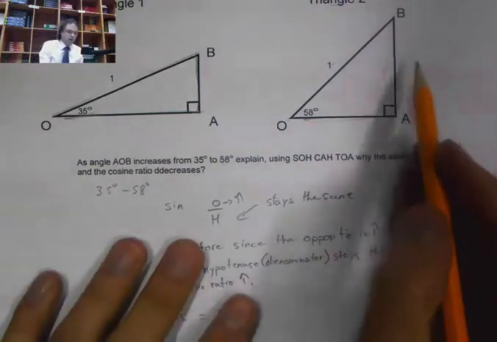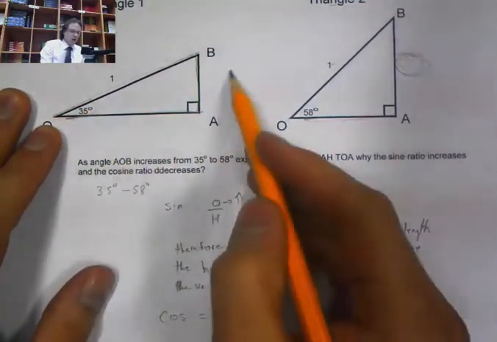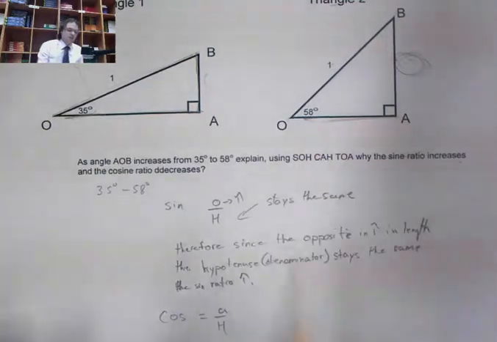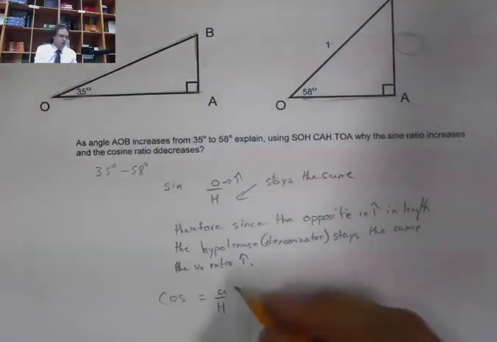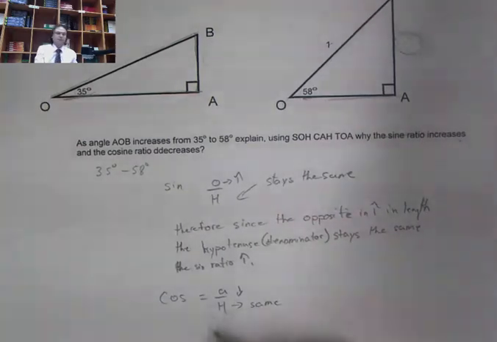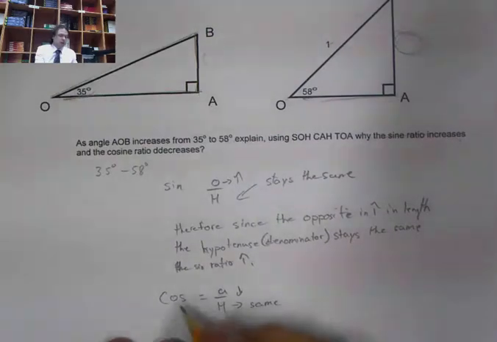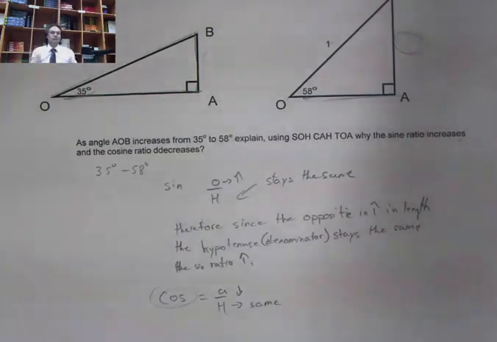As we get closer. So that's why the sine, the opposite, as this angle increases, the opposite gets bigger, but my adjacent gets smaller, okay? Because we have to get closer. So basically, the adjacent decreases and the hypotenuse stays the same, okay? Therefore, because adjacent decreases and hypotenuse stays the same, my cosine will decrease.